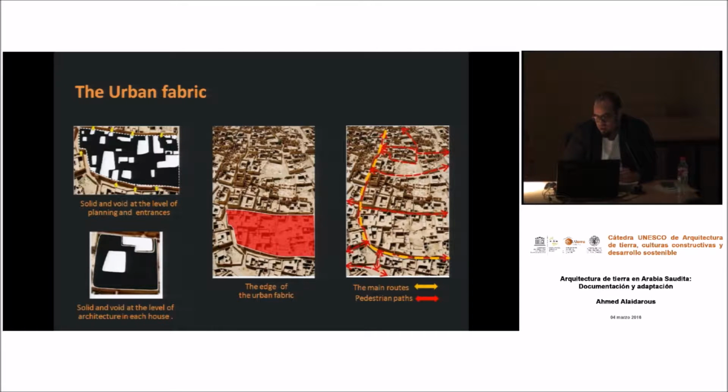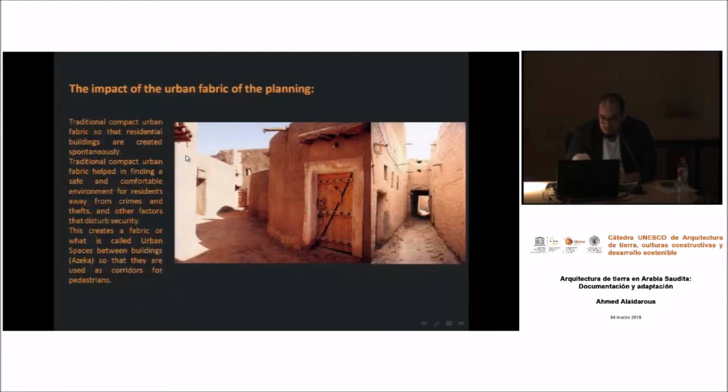So you can see here in the first picture that the main road appears within the urban fabric. And in these blocks, it shows the solid and the voids. I mean, what is the open area in each block.